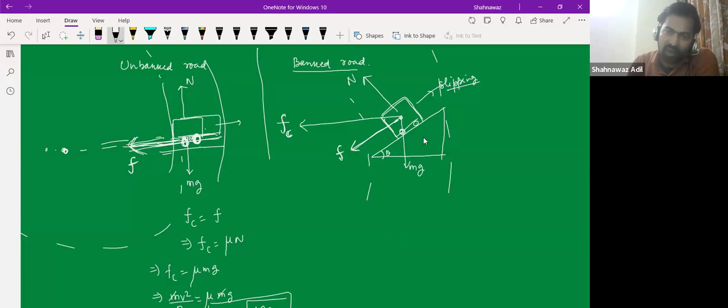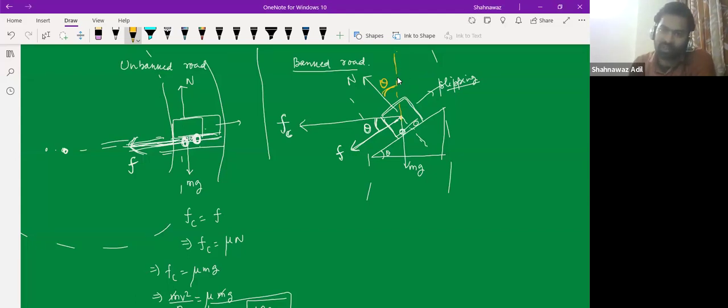Now this is theta, and this would be 90 minus theta. If we can make this diagram, then all the other things become simple.